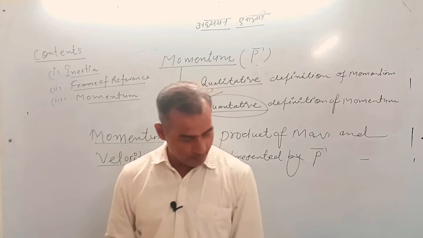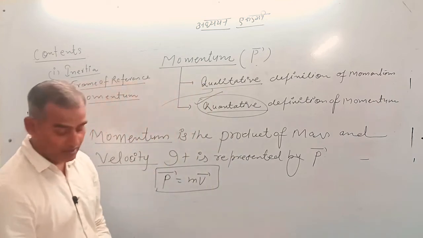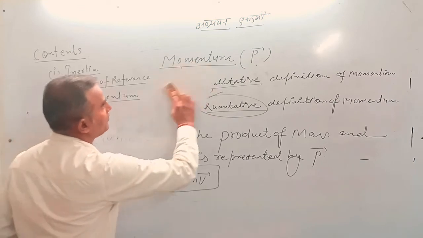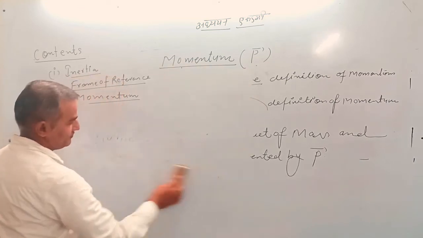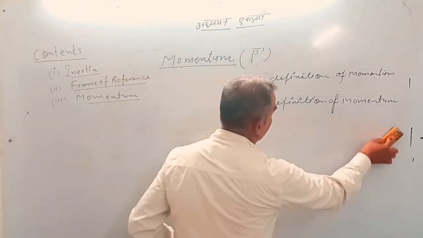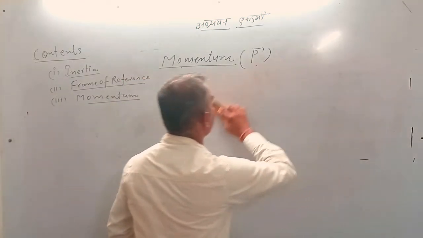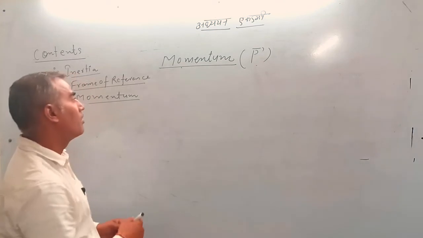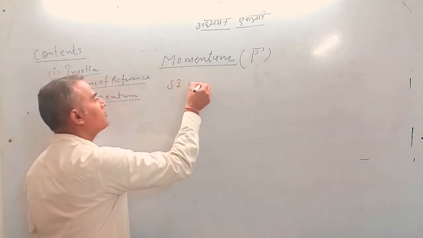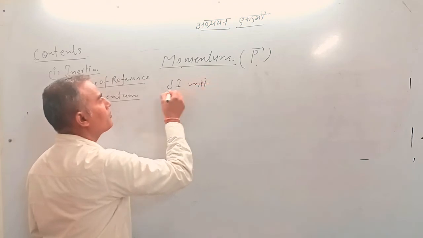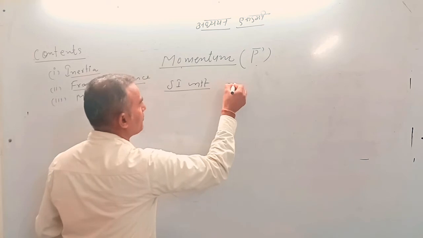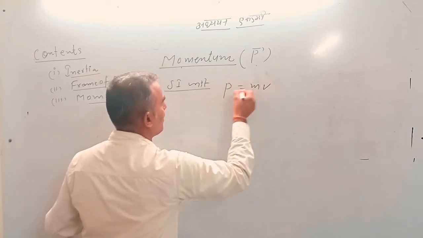Then after, we are going to explain the SI unit of momentum. What will be the SI unit? You know that P is equal to mv.